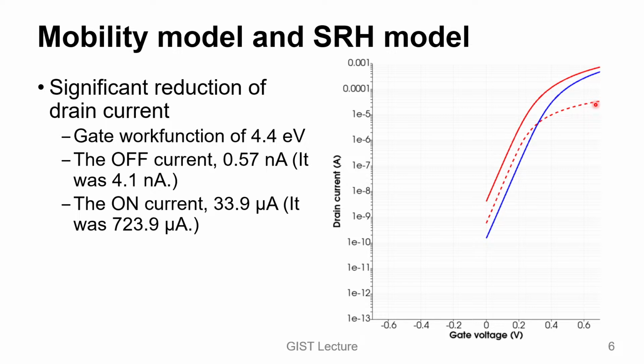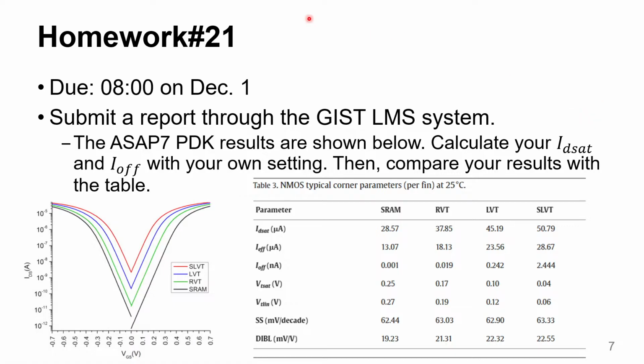So now you have homework. We have homework 21, and of course the due date is next Monday. This figure shows the IV characteristics assumed in the ASAP7 PDK. There are many different lines here.